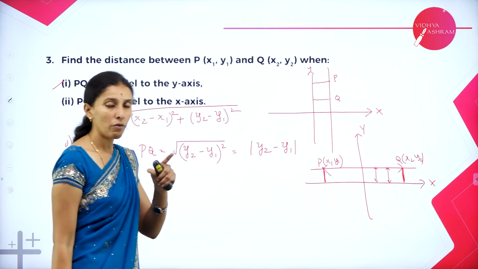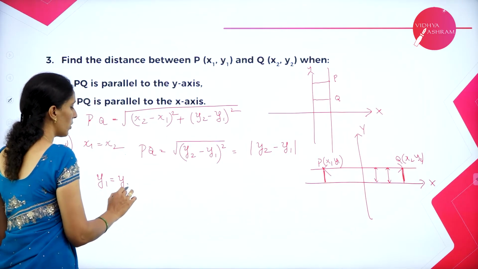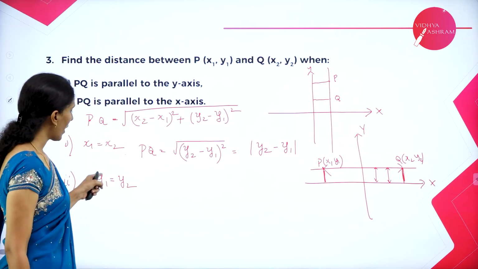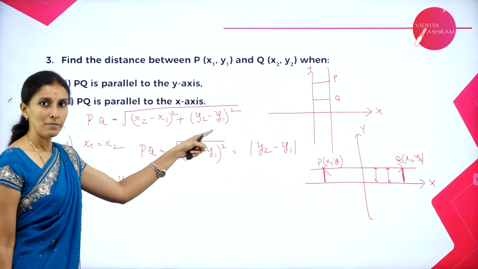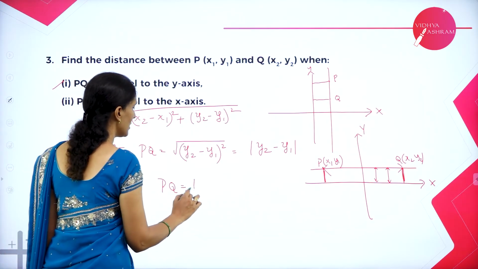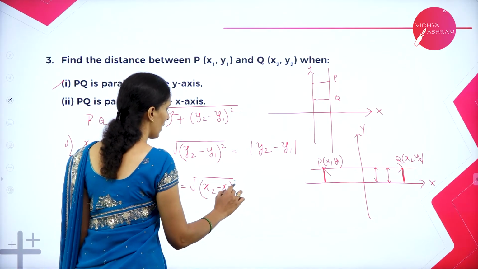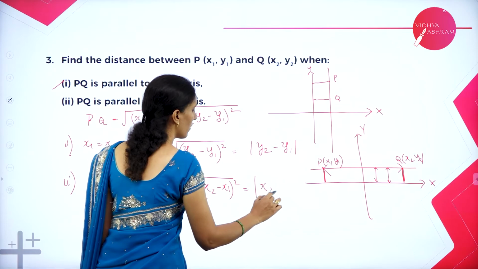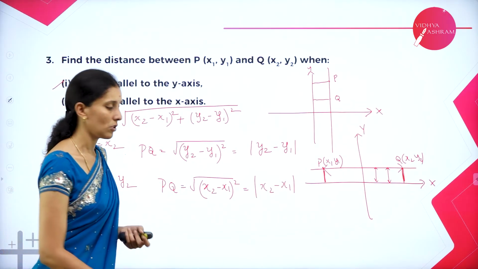That is, the y value is the same. So we can conclude that y1 is equal to y2. If I substitute y1 equal to y2 here, the second term becomes 0. So your PQ value is the square root of (x2 minus x1) whole square, which is modulus of x2 minus x1. Why modulus? To make it positive.